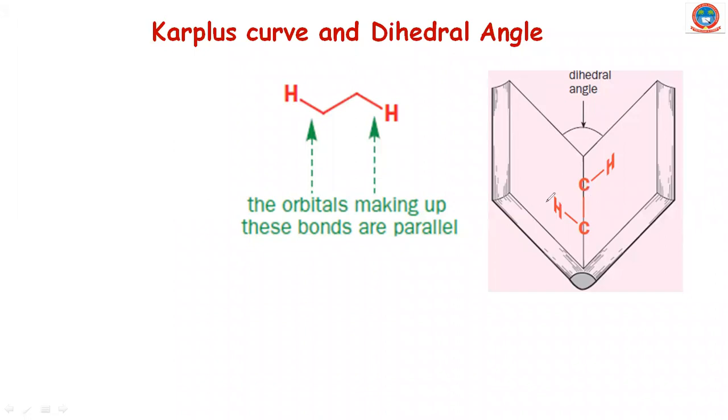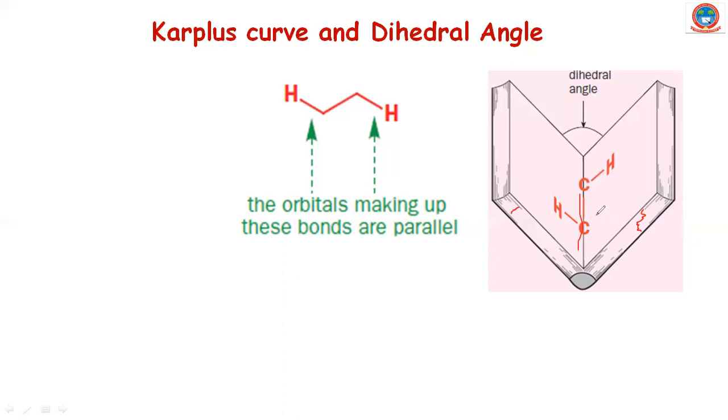You can understand this by taking a book. The middle binding side of the book is this carbon-carbon bond, and you consider all the pages as different hydrogens. If you turn the pages one by one, left side or right side, you see there will be a change in the angle, the dihedral angle.